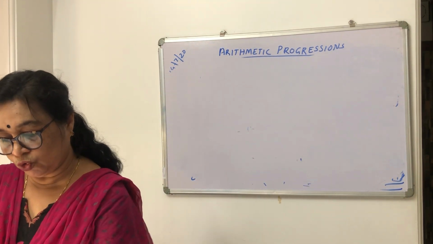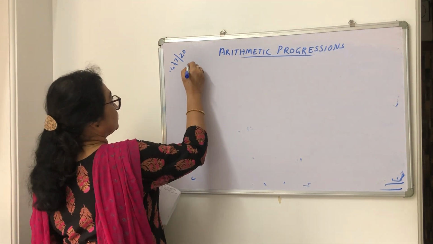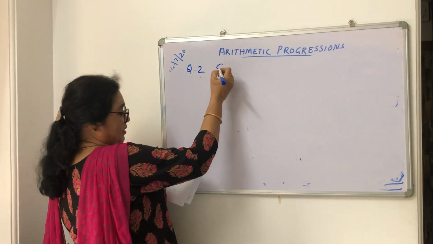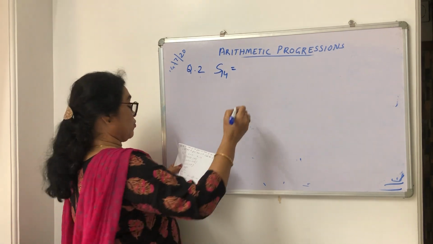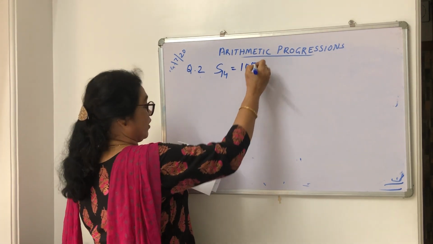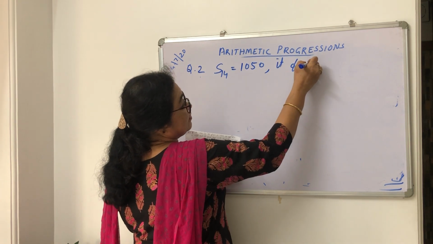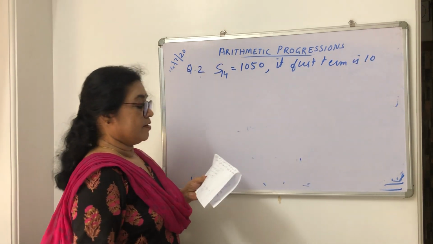Now question number 2. The sum of the first 14 terms of an AP is 1050. Its first term is 10.